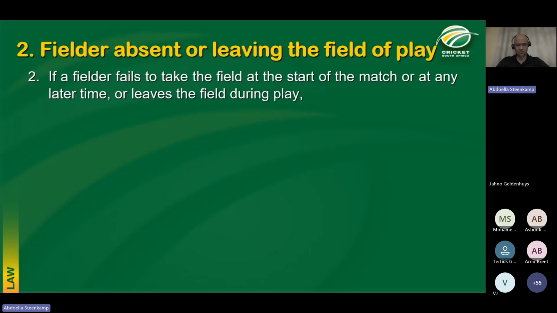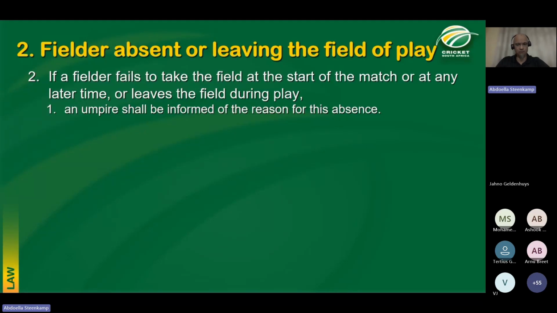So if a fielder does decide or need to go off, absolutely no issue. If a fielder comes to you and says, umpire, I need my hamstring to be looked at, it feels a bit tight, no issue. The fielder needs to tell you why he or she is going off. So in my example, umpire, I need to have my hamstring looked at. Okay, no problem, fielder. What you'll do is you'll take out your notebook as the umpire.